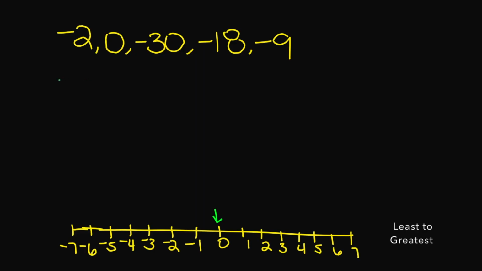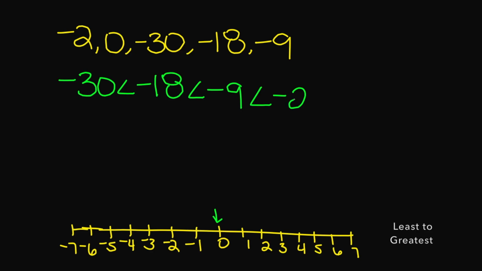From least to greatest, we have -30, which is less than -18, which is less than -9, which is less than -2, and then -2 is less than 0. So your larger number in this example is 0, and your smaller number is -30.